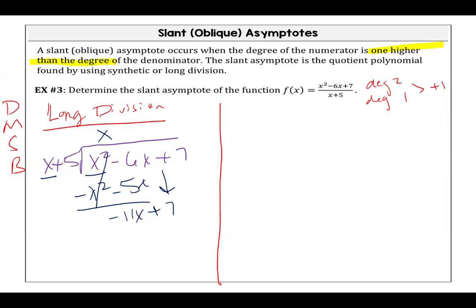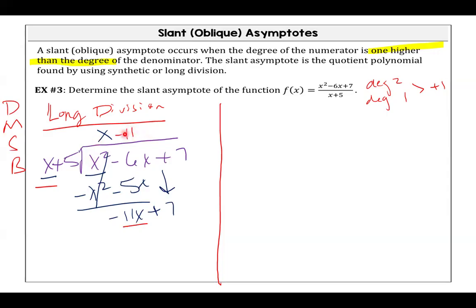So repeating again. Now we have negative 11x divided by x. What's negative 11x divided by x? Negative 11. Okay. Now we're going to multiply. So we're multiplying negative 11 times x, negative 11 times 5. Okay, let's do it again.